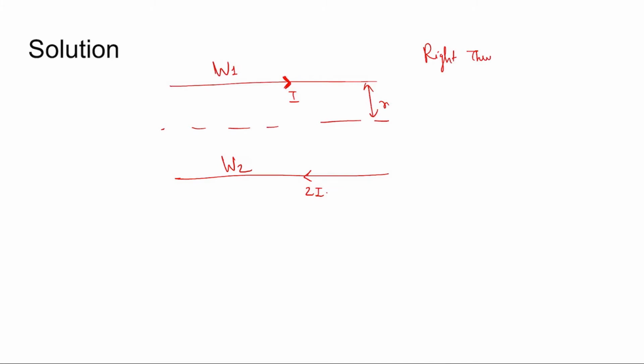So now these are the two wires W1 and W2, and current is like this, I and 2I. Now at a distance of r, if the current is flowing in this direction, keep your right thumb along the direction of current.